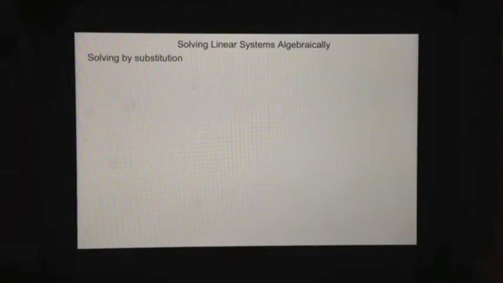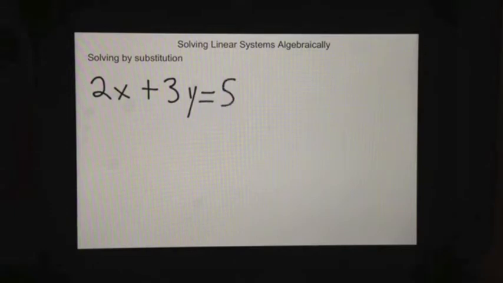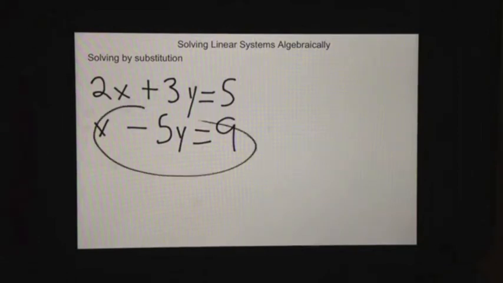The first system we're going to try is 2x plus 3y equals 5. And the second equation is x minus 5y equals 9. Whichever equation you want to solve for first, it's your choice, but I'm going to pick x minus 5y equals 9 because it's going to be easier.